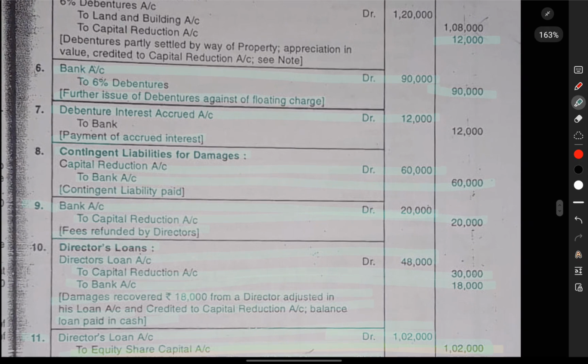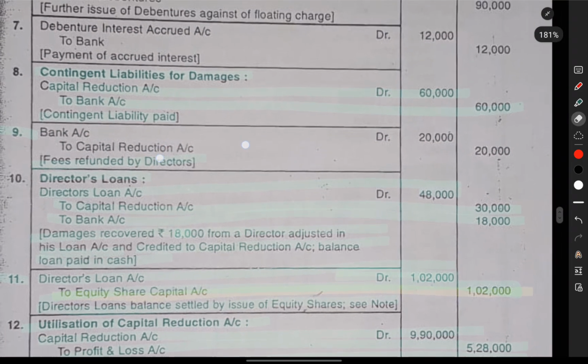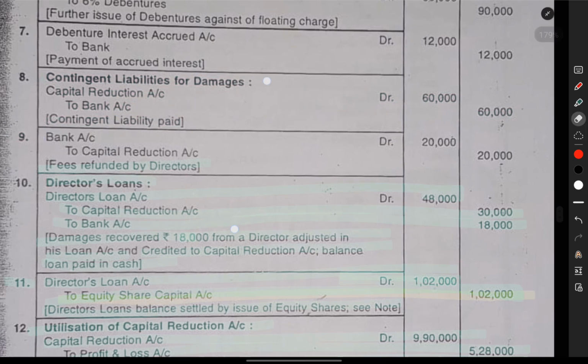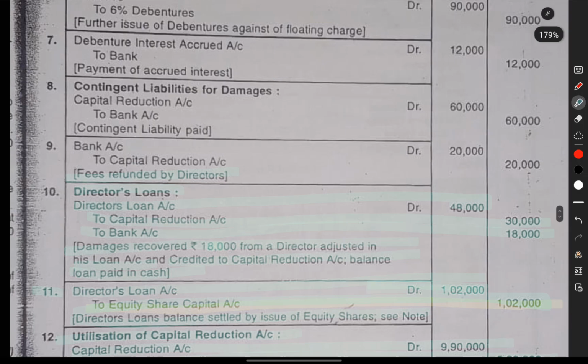Next, there is no effect for capital reduction. In the 7th journal entry, there is no information for capital reduction. But in the 8th journal entry, we have debited capital reduction for rupees 60,000.